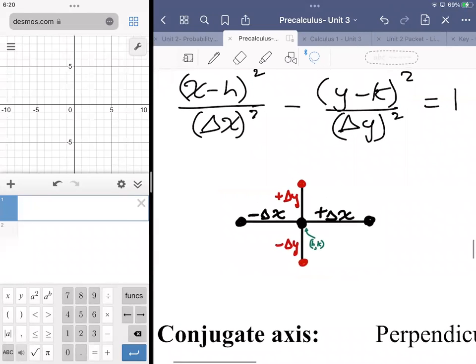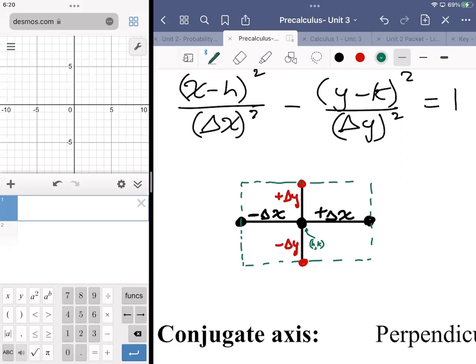So what we would do is create a rectangle surrounding these 4 points. Creating a rectangle surrounding these 4 points would create what's known as an asymptote rectangle. So we just do that as a series of dashed lines, because these aren't actually part of the hyperbola. What they do is they help us get boundaries, asymptotes, for that hyperbola.